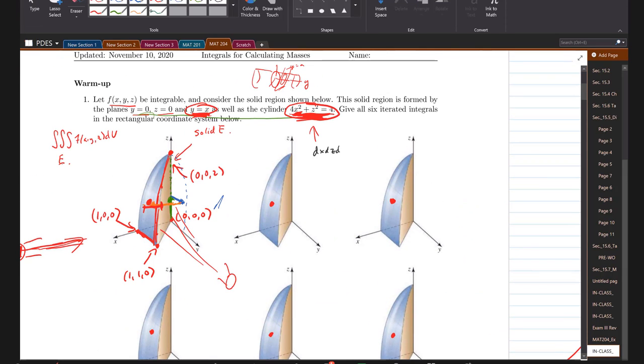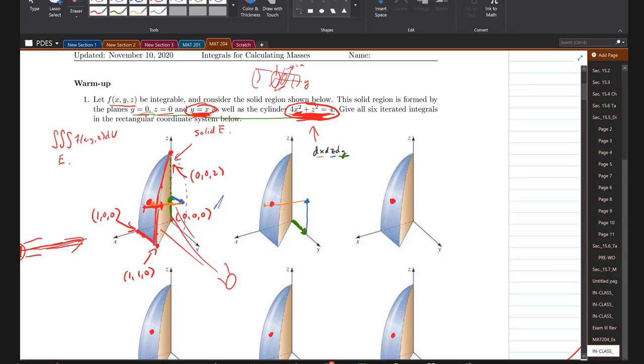So I'm going to go out the y-axis first to get to the point. Then I'm going to go up the z-axis to get to the point. And then I'm going to go out the x-axis until I arrive at that point.